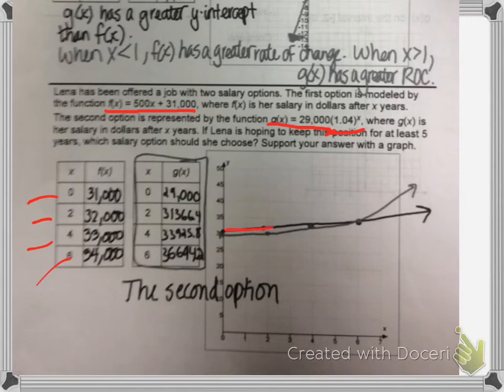We know this is our line right here because it's linear. And you can see the thousands as they're going up to 35,000. Notice right here in the exponential, you start out with less money. Now our percent increase here is 1.04, so it's increasing 4% every year exponentially.